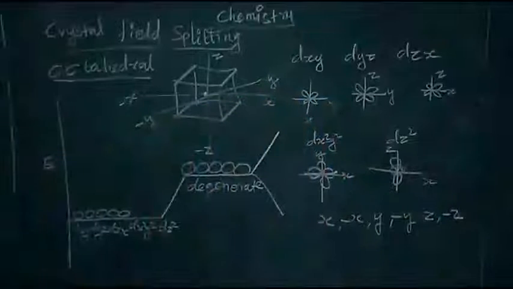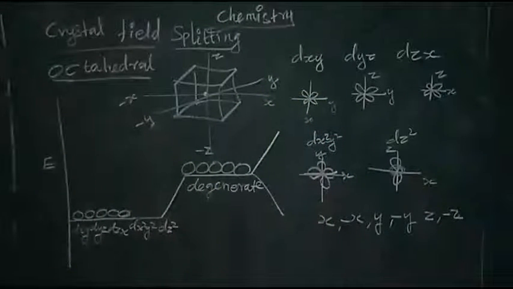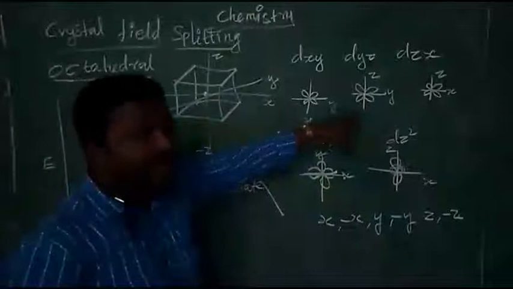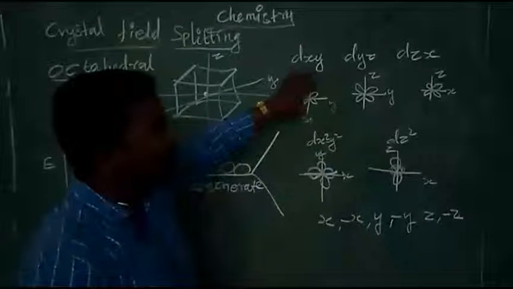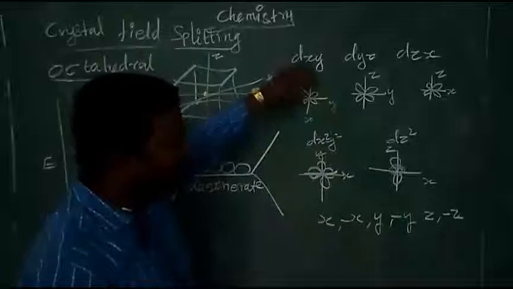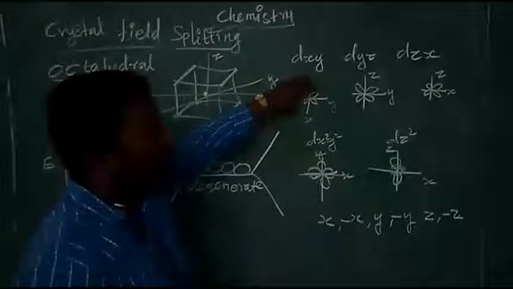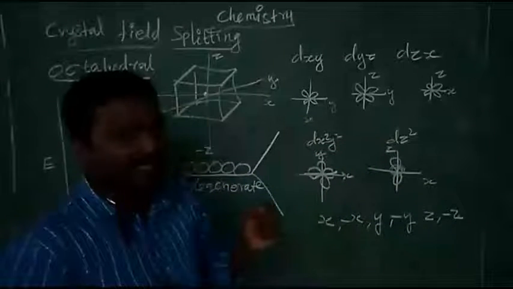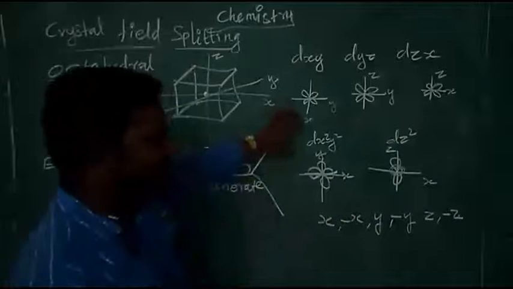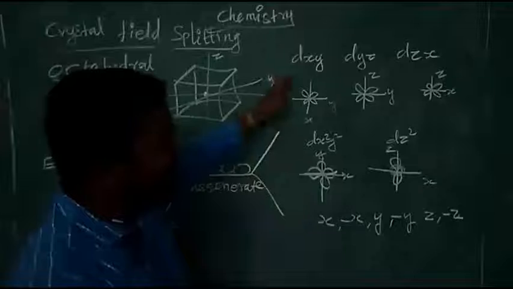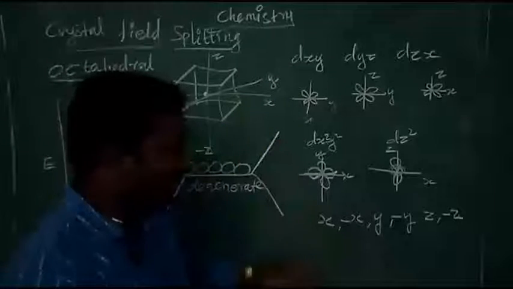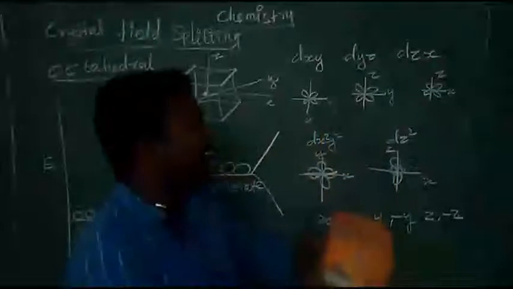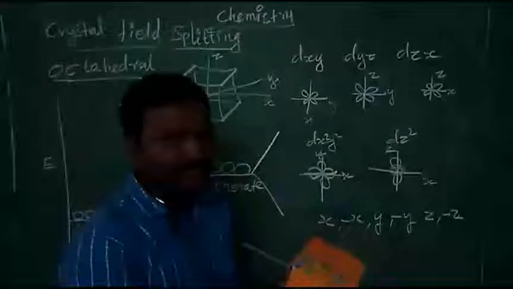Now what will happen? Just remember these three are arranged in between the axes. So in between the axial orbitals, what will happen? They may not be easily affected. Actually, these five will not attack the axial positions, because the metal itself has all these five orbitals.